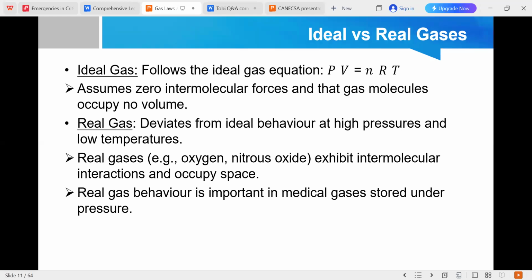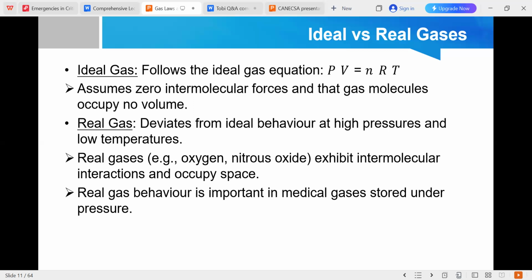So we have 2 kinds of gases: ideal gases and real gases. The ideal gas follows the ideal gas equation, where pressure times volume is equal to the temperature, and an ideal gas assumes zero intermolecular forces and occupies no specific volume. It occupies the volume of the container into which it is placed.